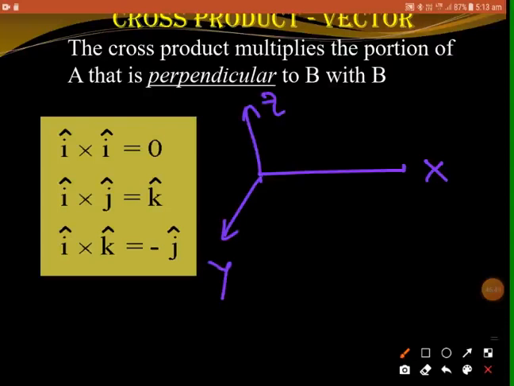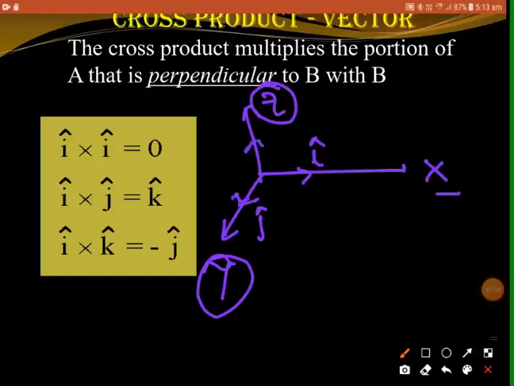You can take this as the x-axis, this as y and this as z also. You can interchange them, no doubt. This will be i cap, this will be j cap, that means along the y-axis, and a unit vector along the z-axis we call k cap, right? So i cross i will be equal to 0.